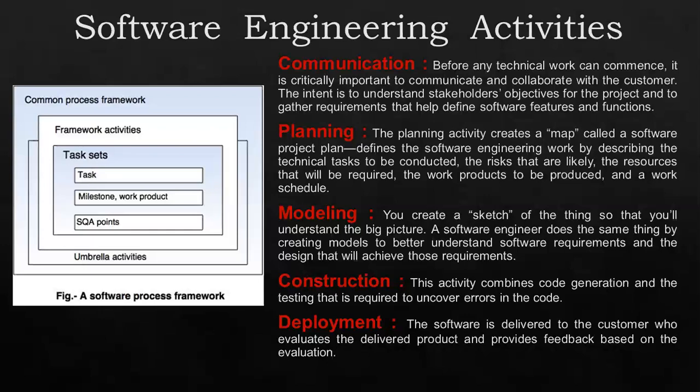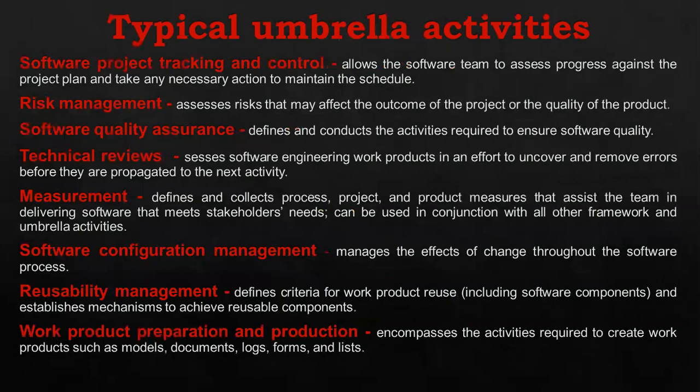So communication, planning, modeling, construction, and deployment are applied repeatedly through a number of project iterations, and each project iteration produces a software increment that provides the stakeholders with a subset of overall software features and functionalities. Software engineering process framework activities are complemented by a number of umbrella activities.